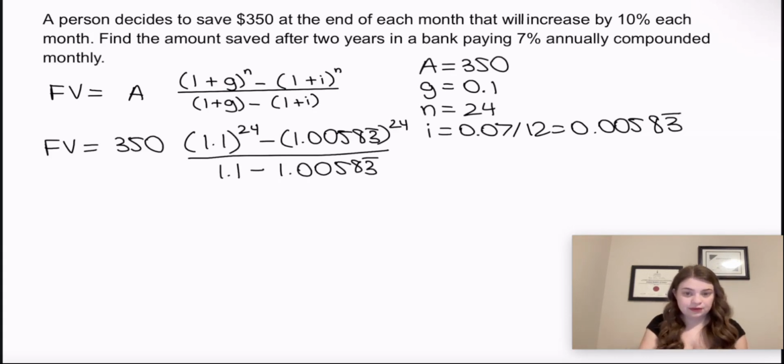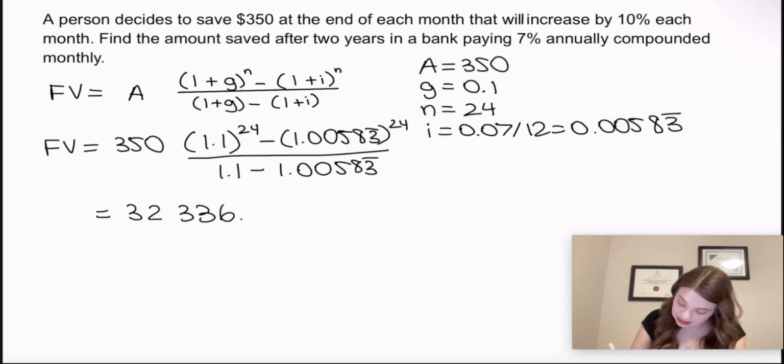Okay, so here's how we're going to figure it out. First, I'm going to do 1.1 to the power of 24, minus, bracket, 1.00583 repeating to the power of 24, end bracket, equals again, divided by, in brackets, 1.1 minus 1.00583 repeating, end bracket, equals, and then multiply that by 350, and I'm getting $32,336.01.